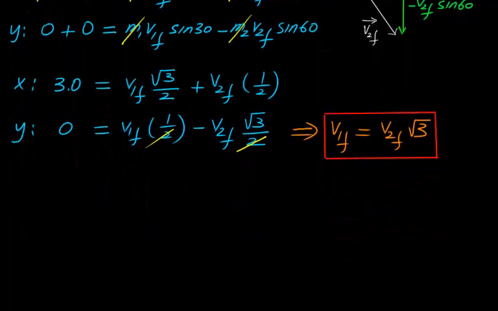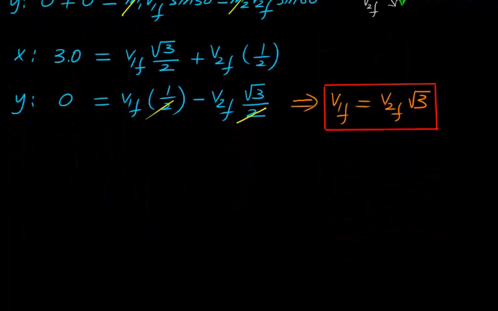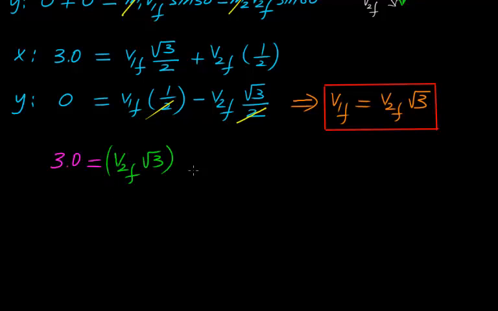Now we can substitute the v1 final in the x component equation, where 3.0 equals, instead of v1 final, we substitute v2 final times square root of 3 times the square root of 3 over 2 plus 1/2 v2 final.